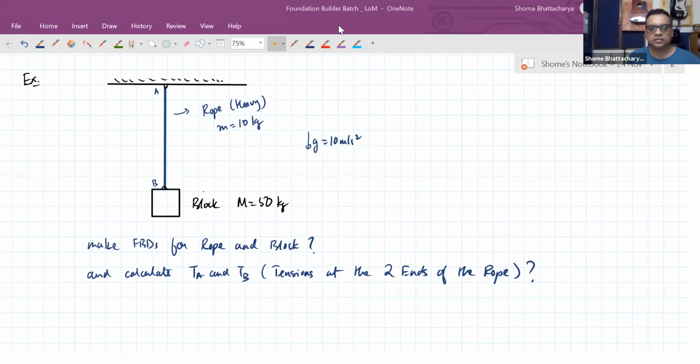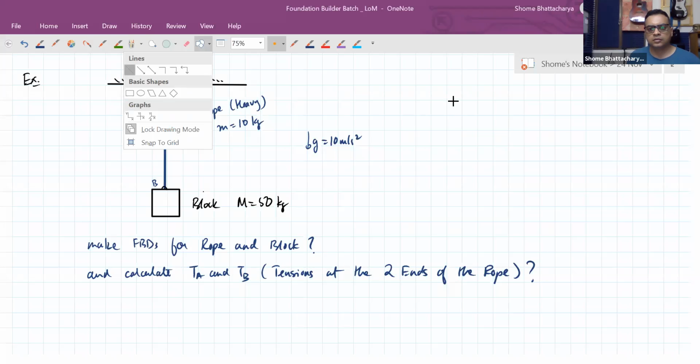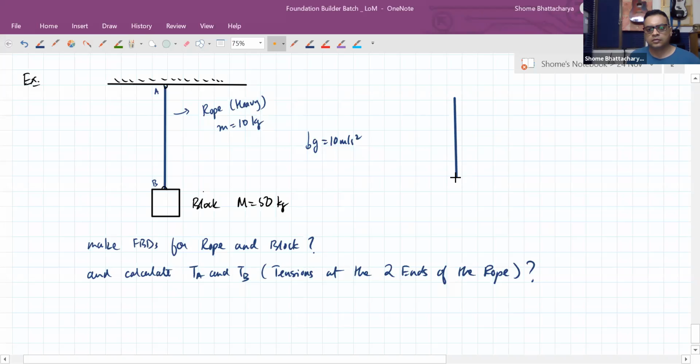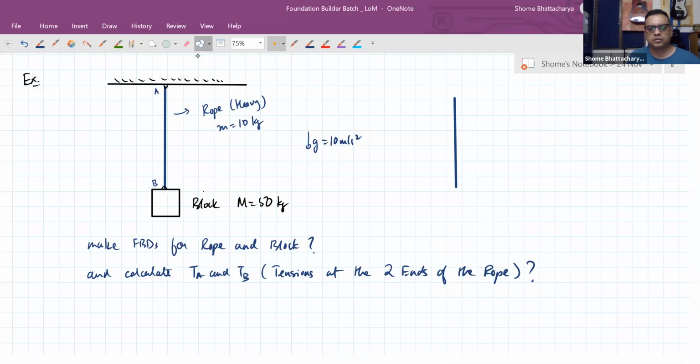Okay, so what you'll understand here is that this is the chain or the rope, whatever. This is the block.